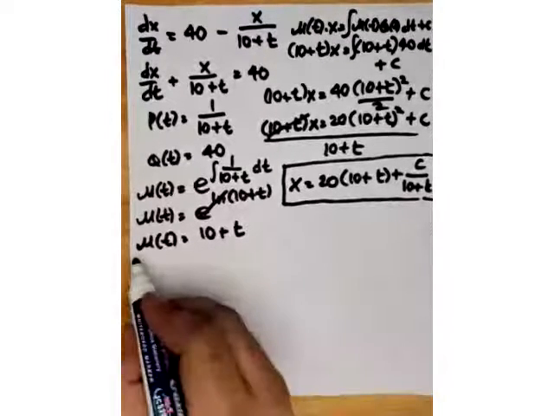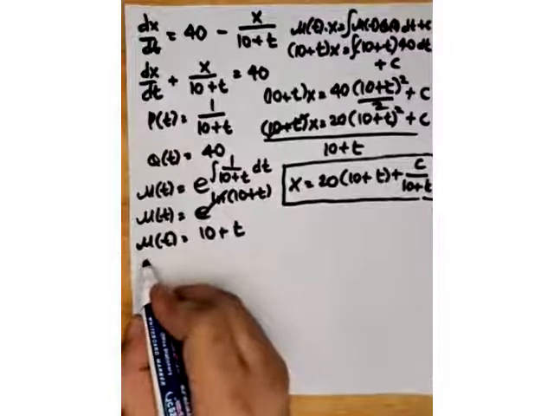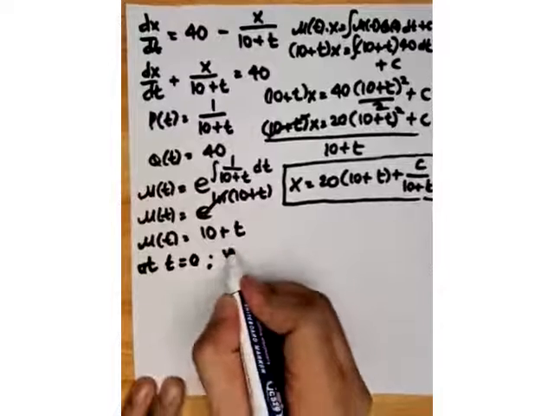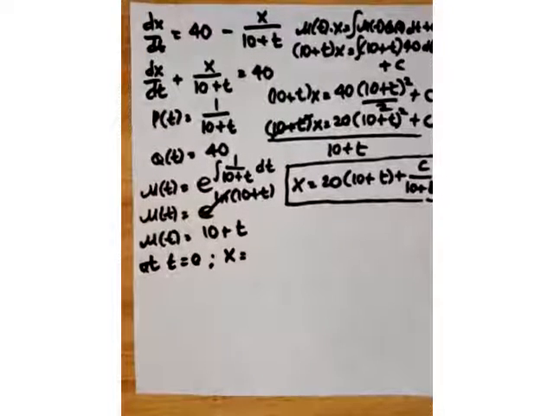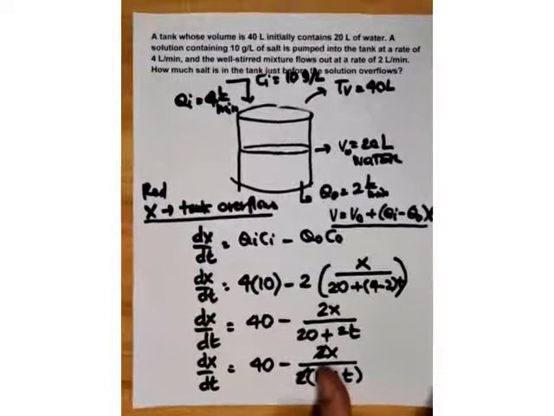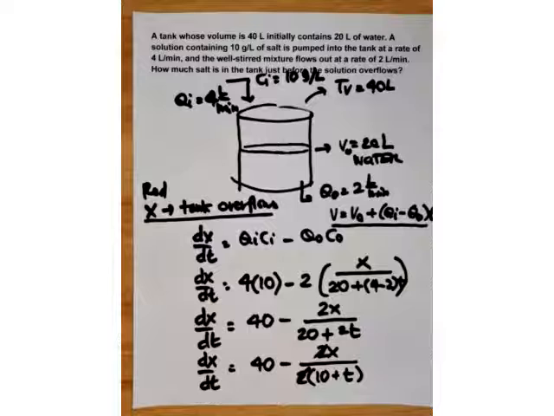Okay. So, ang condition natin ay at t is equal to 0, what's the value of x? Okay, let me show the problem again. At t is equal to 0, what's the amount of substance in the tank? So that will be the question. At time is equal to 0, what's the amount of substance or the amount of salt in the tank?